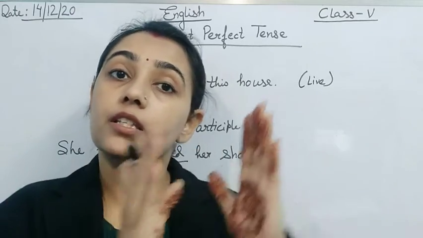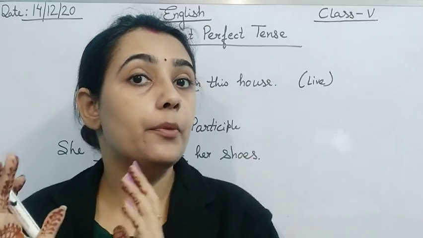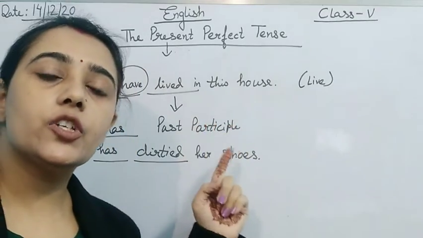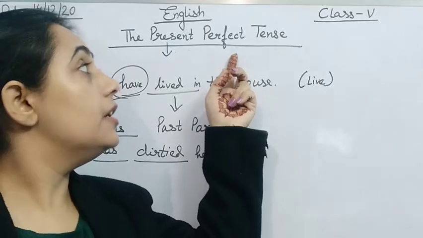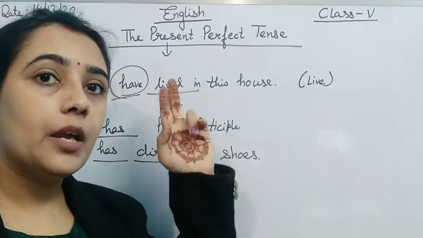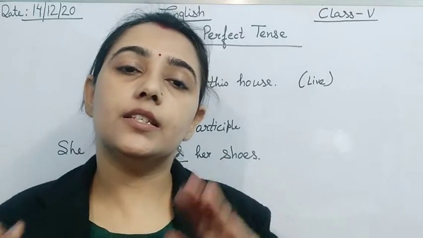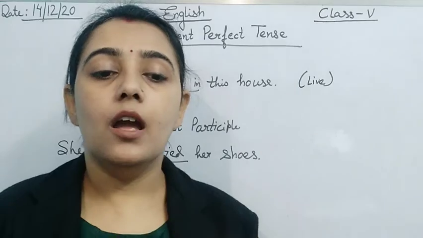When the work is done, then the picture is in perfect shape. Similarly, when the action has been done, then it is perfect. Perfect tense is showing that the action is done in the past and it is showing its effect now.